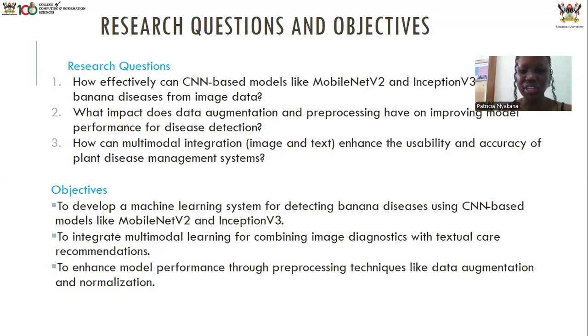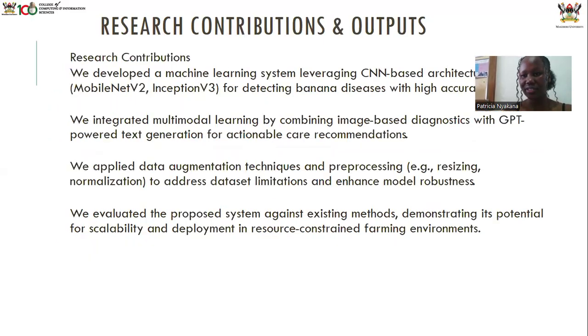The objective is to develop a machine learning system for detecting banana diseases using the CNN-based models, just like I mentioned, MobileNet V2 and Inception V3, plus other models. And then to include multimodal learning for combining image diagnosis with textual care recommendations, and to enhance model performance through preprocessing techniques like data augmentation and normalization.